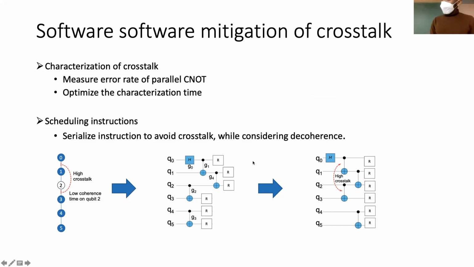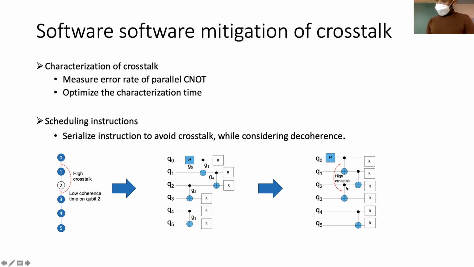So we have this representation of the gates. This is our quantum circuit, and if we try to apply these gates in parallel, there will be a crosstalk between those two operations because we're applying them simultaneously.